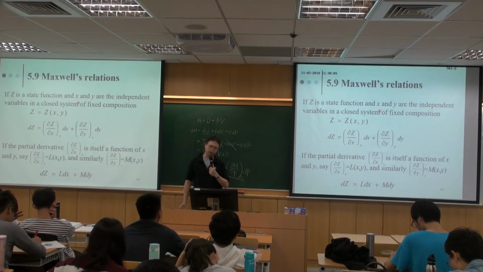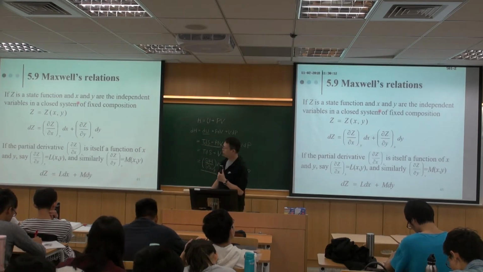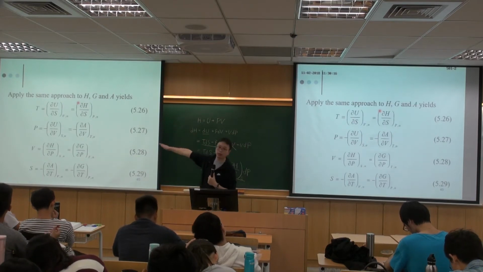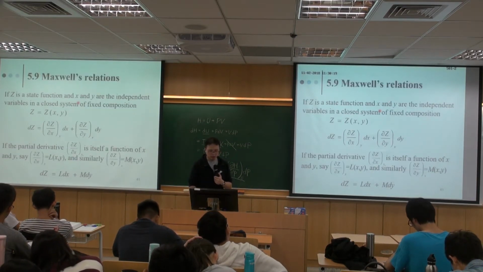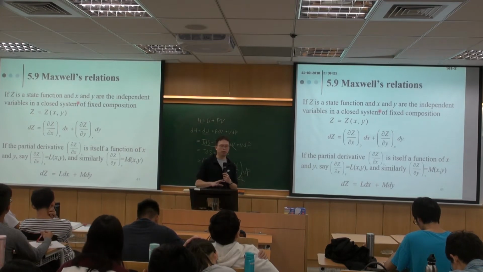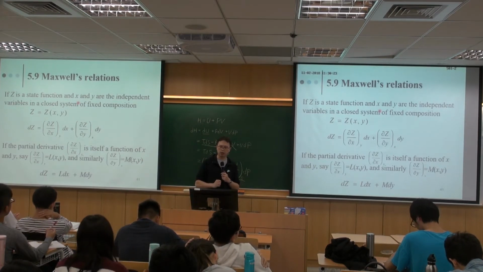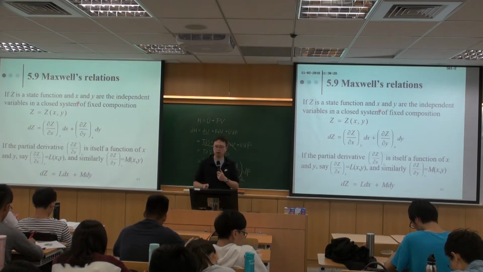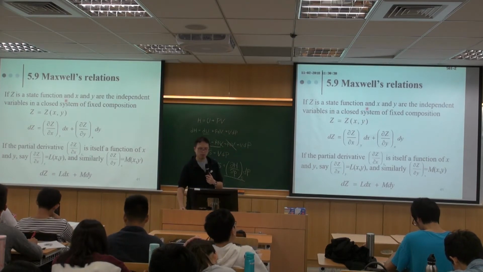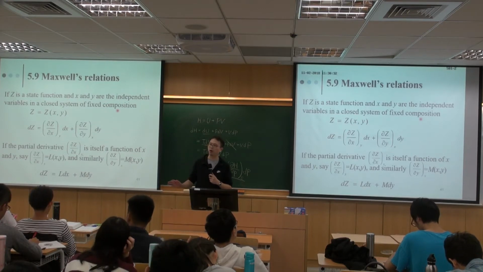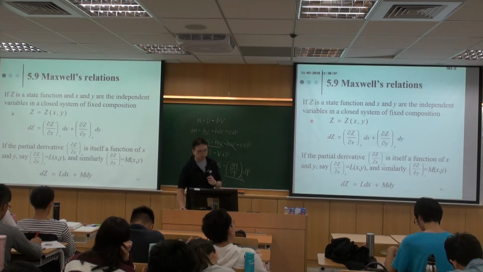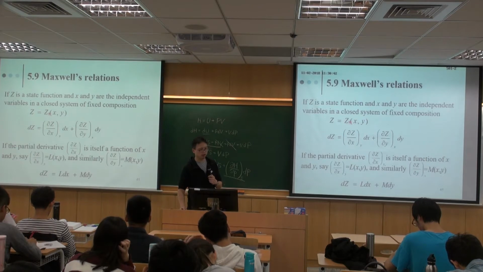So Maxwell relations are some further mathematical tricks based on what we already derived. Imagine that some certain function is a state function and it's a function of x and y, so you have two independent variables, and it is a closed system with fixed composition, so we don't have to worry about the chemical work and the chemical composition. Let us express this state function as z(x, y).